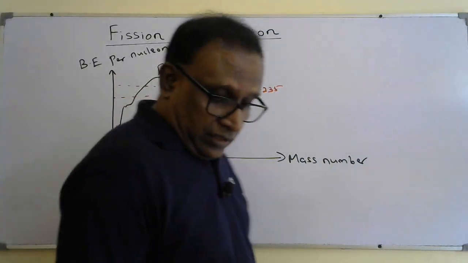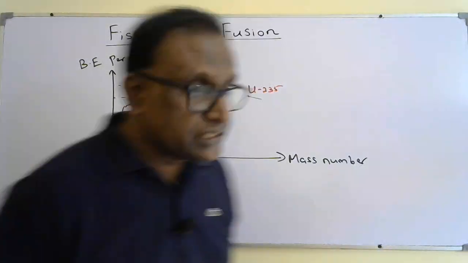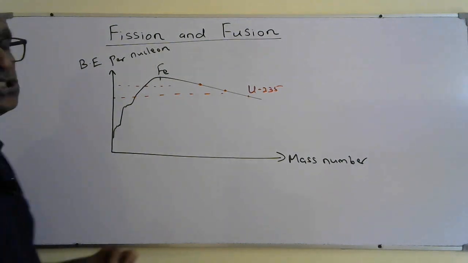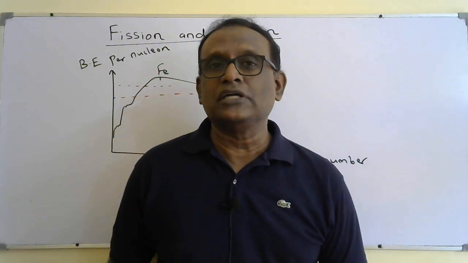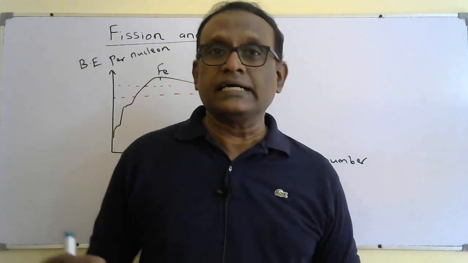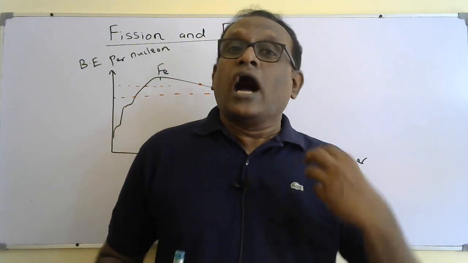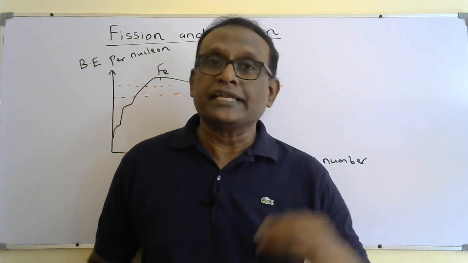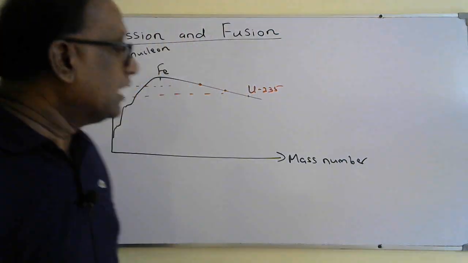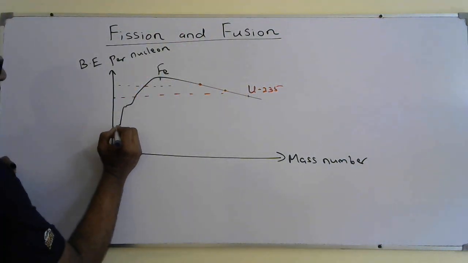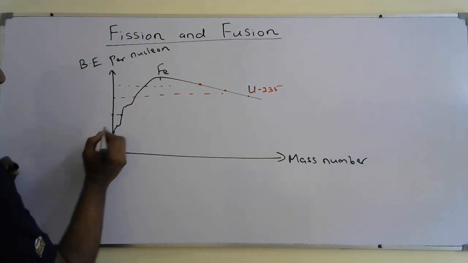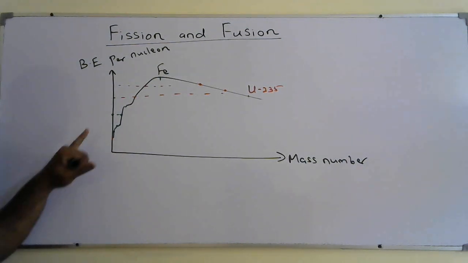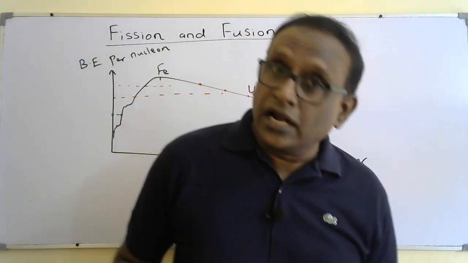Same way, what does fusion mean? Joining unstable lighter nuclei. For example, when two hydrogen nuclei, or isotopes of hydrogen, something like deuterium and tritium, are joined together, they form a helium nucleus. The helium nucleus binding energy per nucleon is higher than the binding energy per nucleon of the hydrogen nucleus.